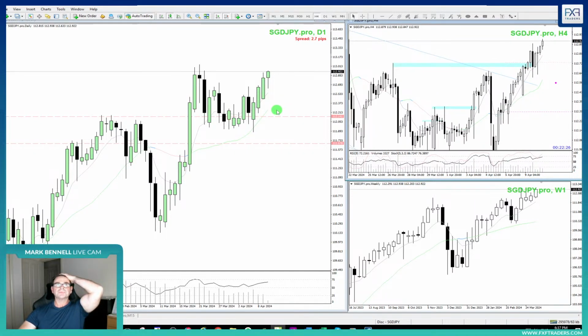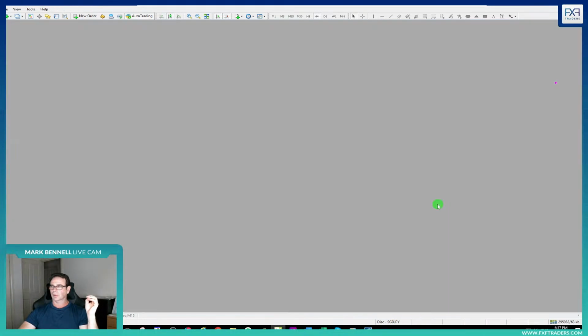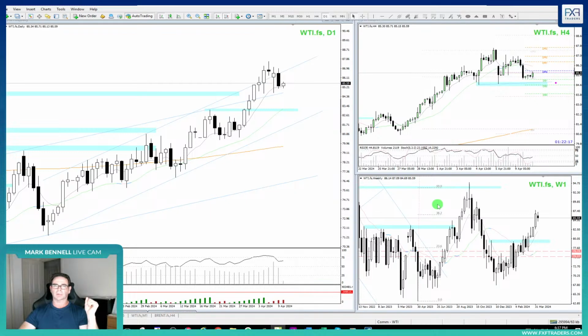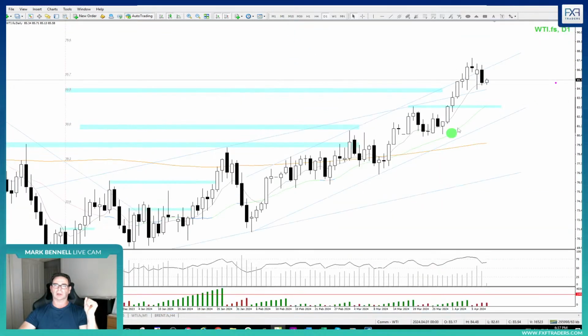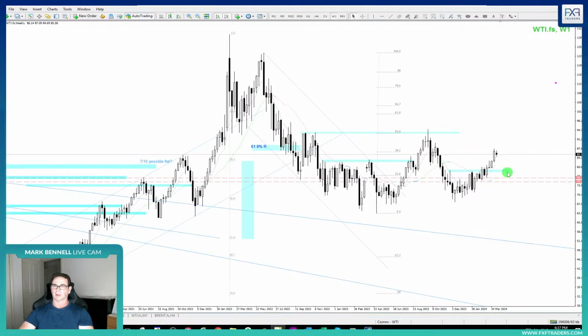Singapore yen. Alright, so what is it that I do like? I actually we did like this one short, didn't we? Let's have a quick look at the wave count on this. This looks like 1, 2. Let's have a look through here.